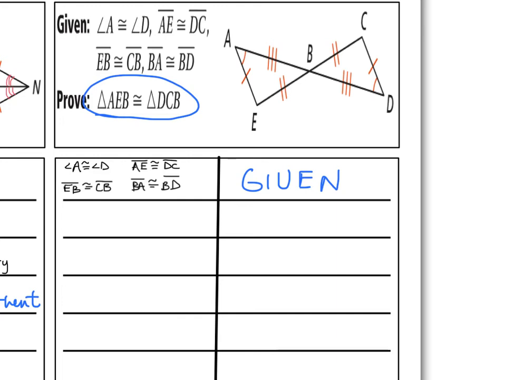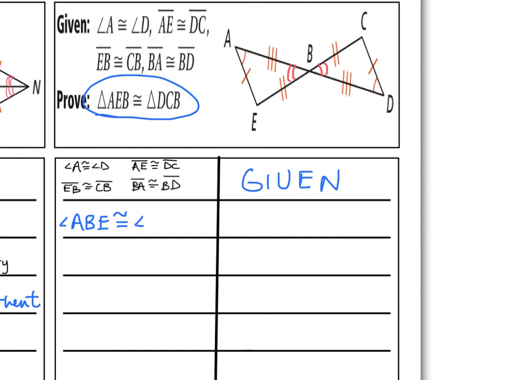Now, the first one I'm going to look at, you'll notice that these two form an X, which means if you think about it, these angles in the picture right here are equal to each other. Why? Well, they're vertical angles. But now I can't just name it angle B though. Okay? So when I name this, we're going to name the first one angle ABE is congruent to angle.